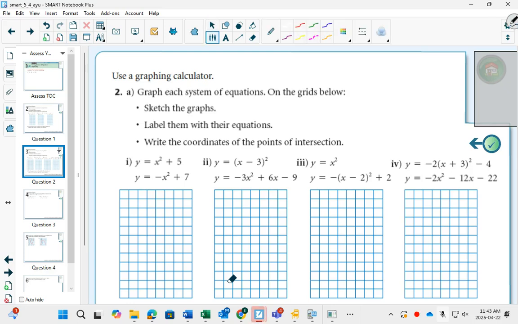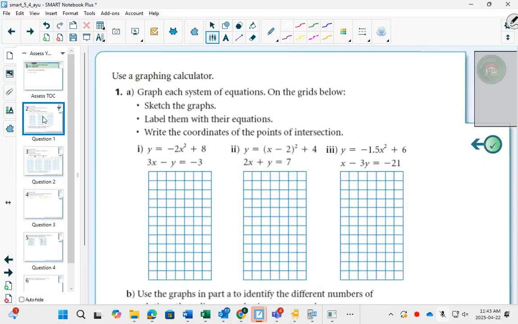So question 1, I'll get you to do with a calculator. No, this is not the right question 1. This is your calculator one. This one is non-calculator, and that'll be non-calculator as well. And we're going to do number 2 together.